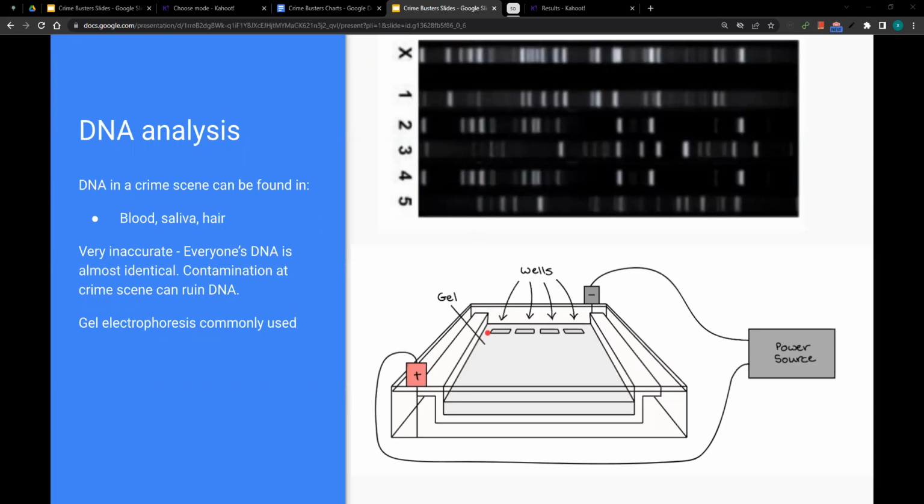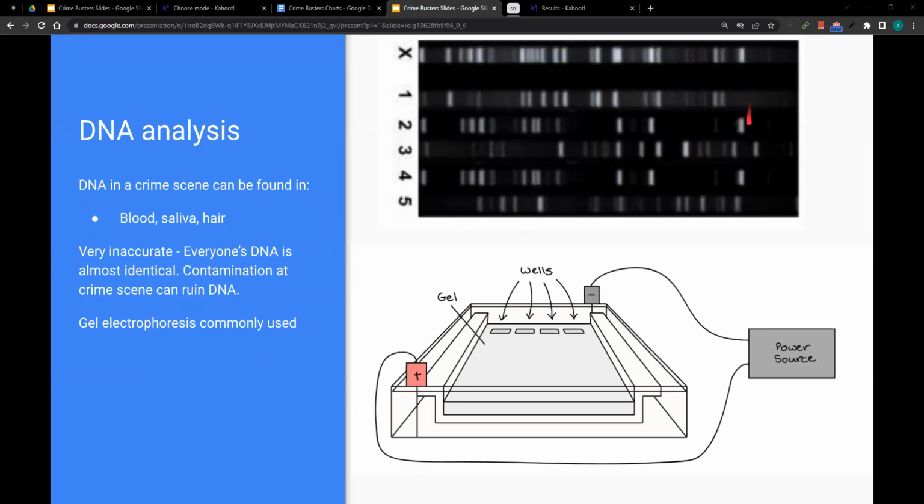It's just like chromatography, but instead of adherence to the gel, the separation of DNA is about how big each DNA particle is. The bigger the DNA particle is, the farther it will go through the gel.